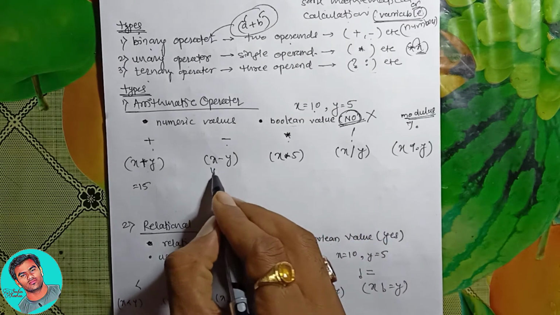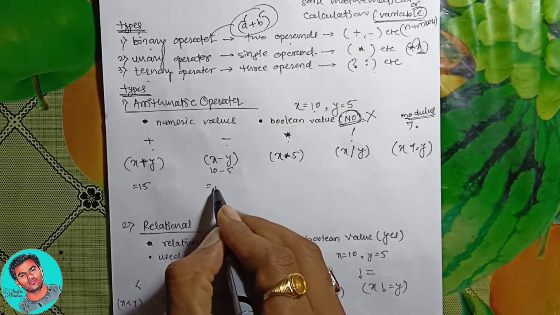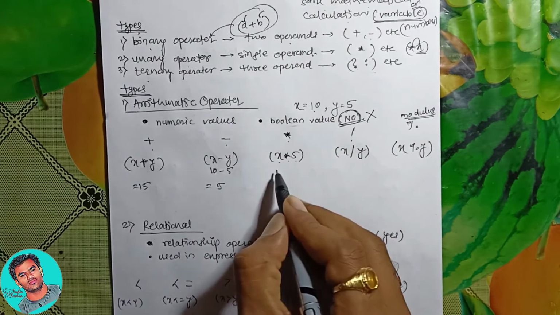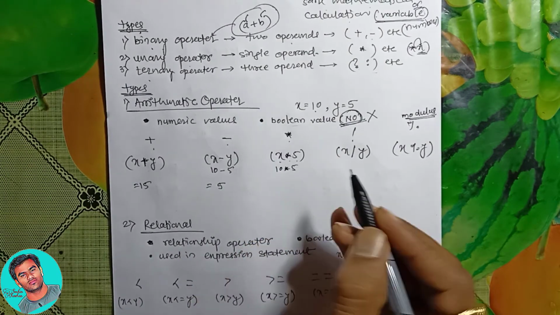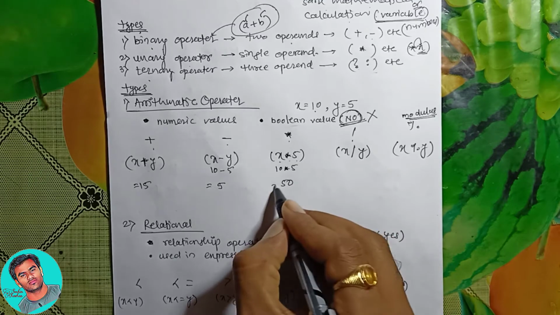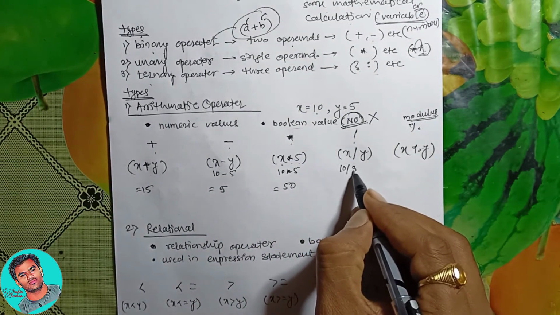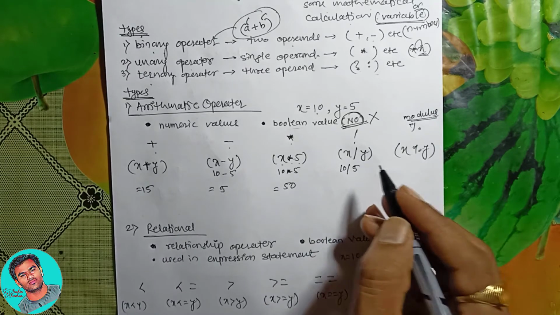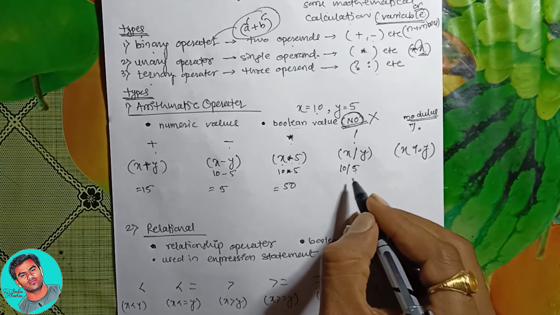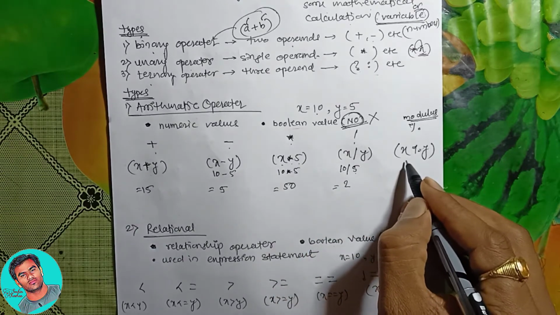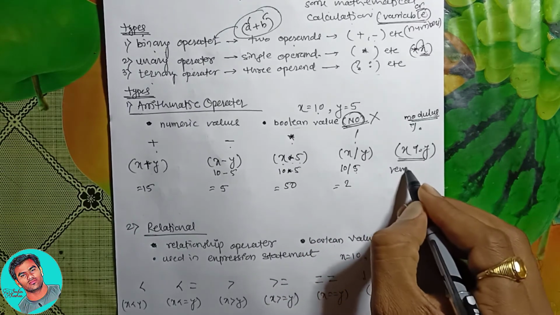Here 10 minus 5 represents the value 5. x multiplied by y, 10 asterisk 5, becomes the output value 50. x, that is 10, slash y, that is 5, represents the value 2. And at last there is the modulus operator, which is the remainder operator.